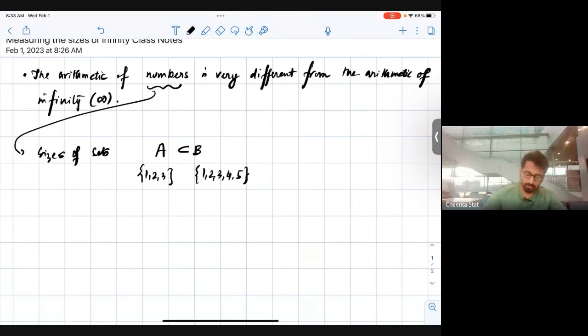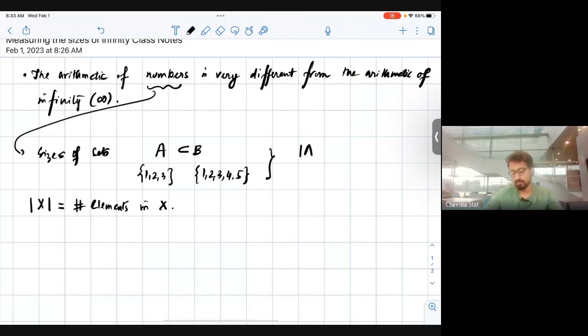The mod of any set X, |X|, is defined as the number of elements in the set X. So you get that the number of elements of A is 3, and the number of elements of B is 5. You can clearly see that the number of elements in A is less than the number of elements in B. Simple, right?